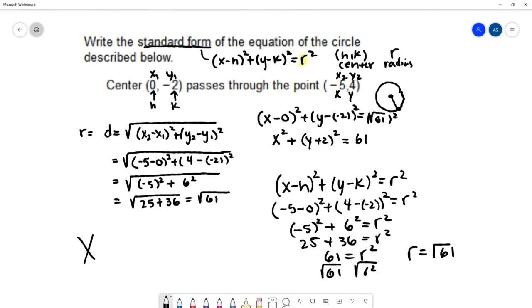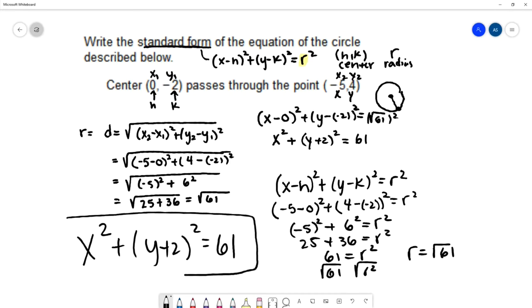So our final answer, x squared plus (y plus 2) squared equals 61. That's the standard form of a circle with center (0, negative 2), passing through the point (negative 5, 4).